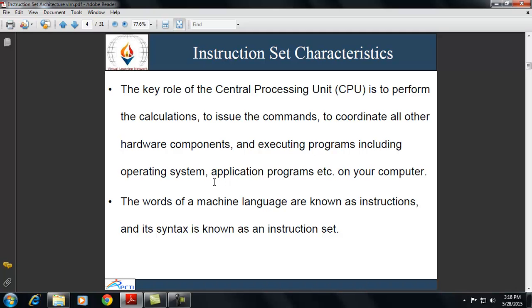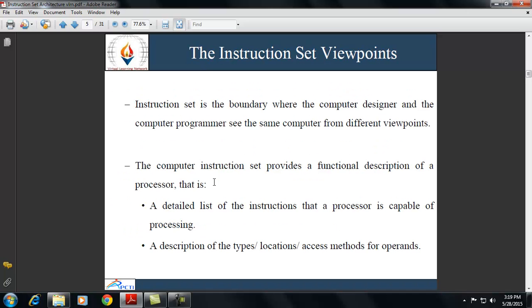The words of machine languages are known as instructions on the basis of which the computer system operates, and its syntax is known as the instruction set. Instruction set is a boundary where the computer designer and the computer programmers see the same computer from different viewpoints.